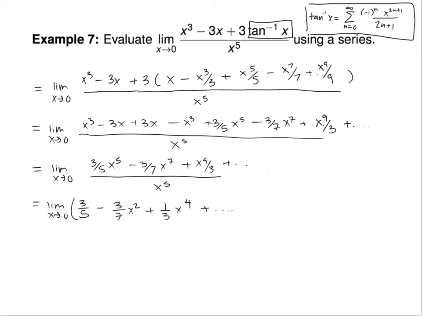Plus more stuff, but that stuff that comes next all has x's in it, right? Can you now plug in where you're going, to 0? So what happens to everything after 3/5? It's all gone, right? So you just get 3/5 plus an infinite number of zeros. So, 3/5.